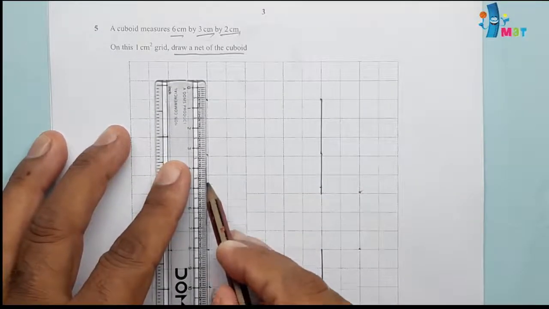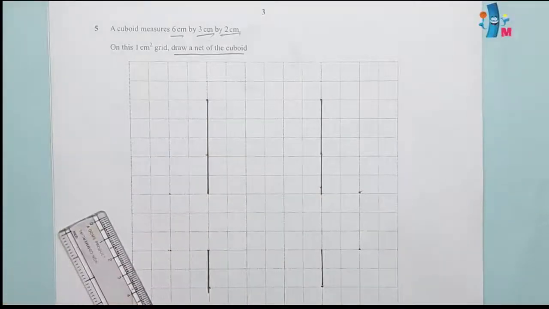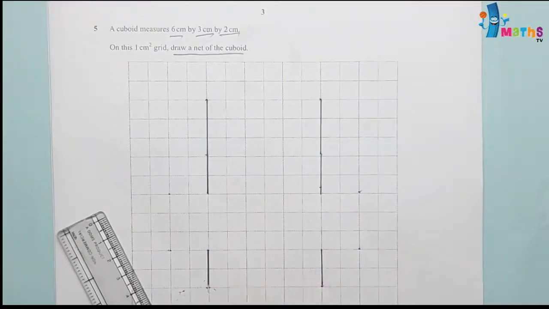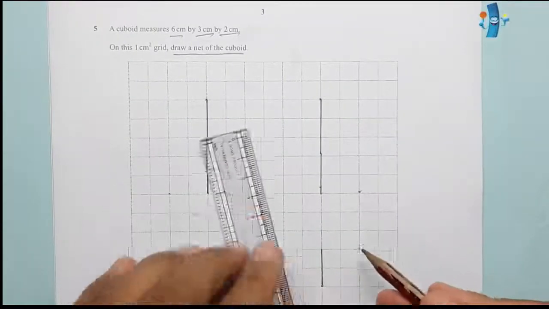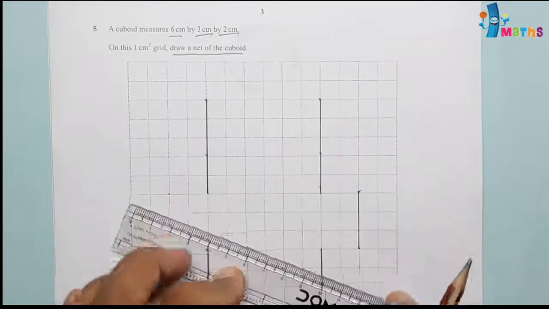So foldings also we can show. This one also we can join these points, whatever we have marked.